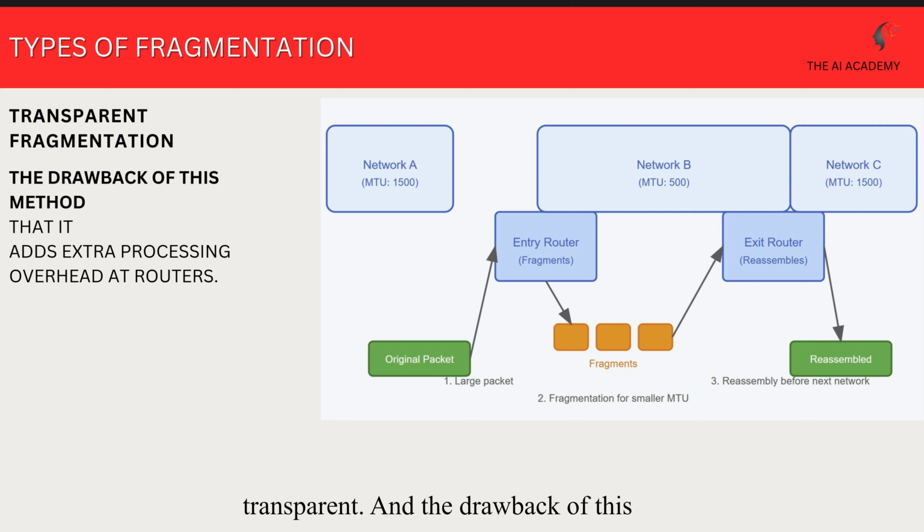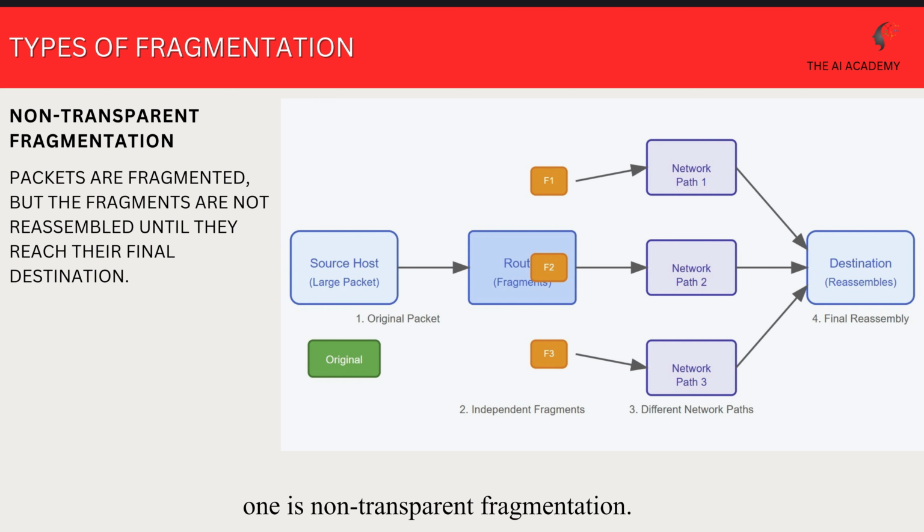The drawback of this method is that it adds extra processing overhead at routers. All fragments must take the same path through the network to be reassembled correctly. It also introduces increased complexity in tracking fragments. And another one is non-transparent fragmentation.